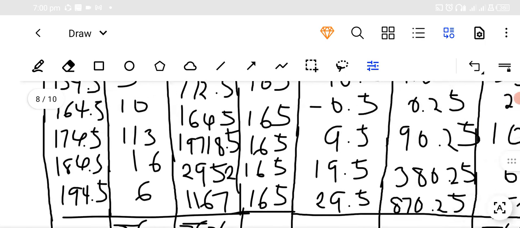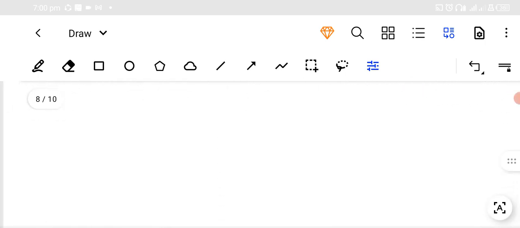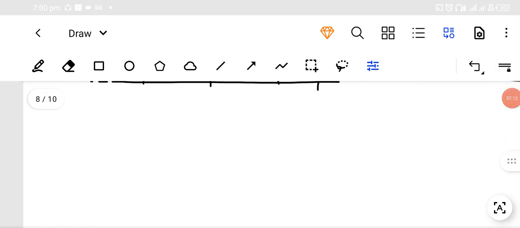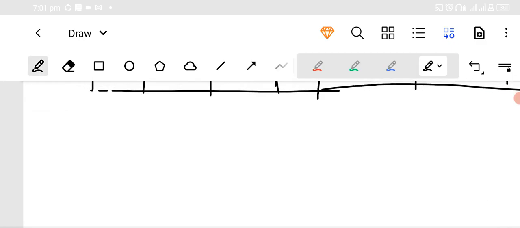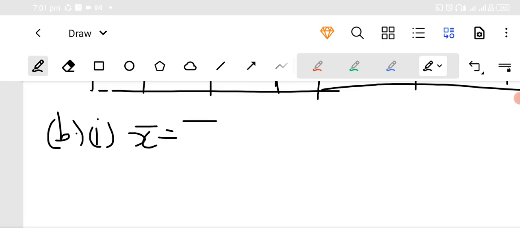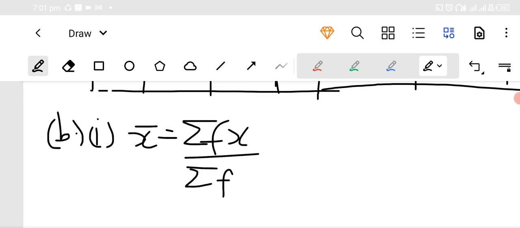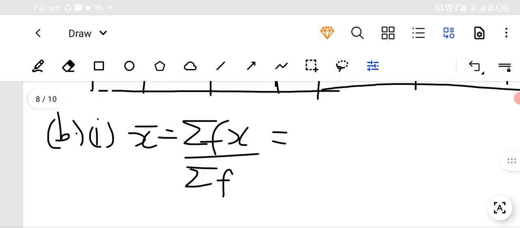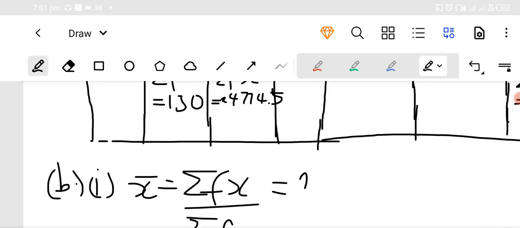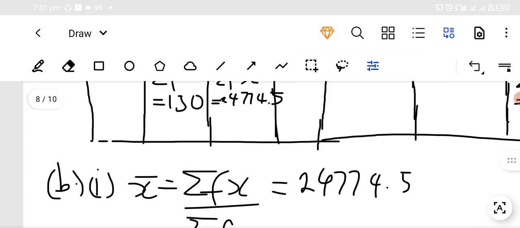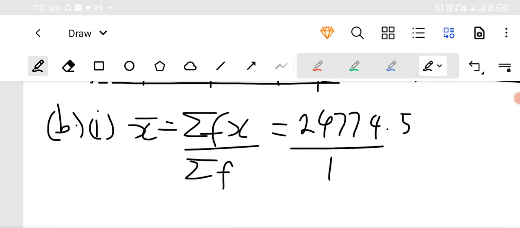Okay, so it means we are done with that representation of the table method. Then B1, just to find the mean, x bar is equal to summation of fx divided by summation of f, which is equal to 24,774.5 divided by 150.